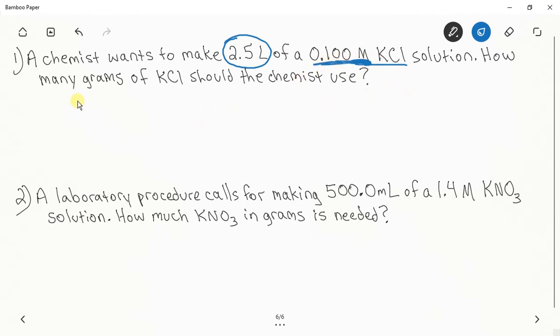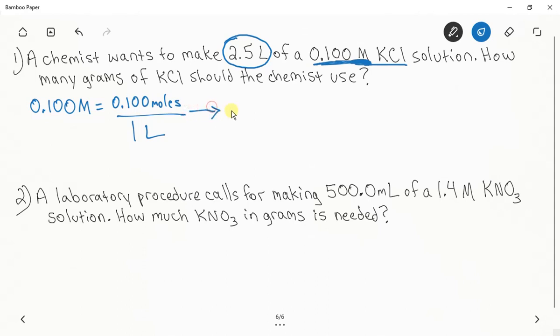Let's just look at the molarity for a minute. The molarity is 0.100 molarity. So that means you have 0.100 moles in 1 liter of solution. Now, the chemist does not want to make 1 liter of solution.